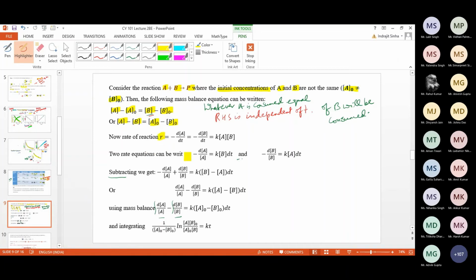Sir, can you please explain the mass balance equation, how it is arrived at? Which mass balance equation? Okay, the previous one. A minus A0. All right. So whatever the difference between A and A0, that will be the difference between B and B0.